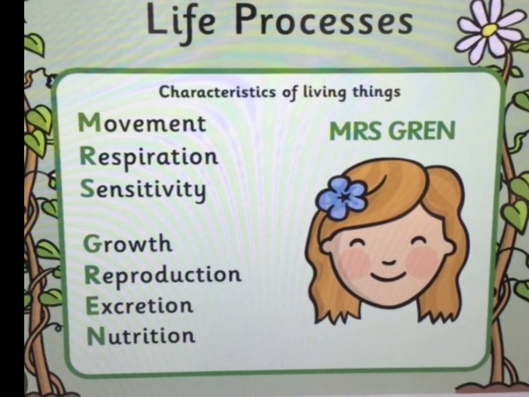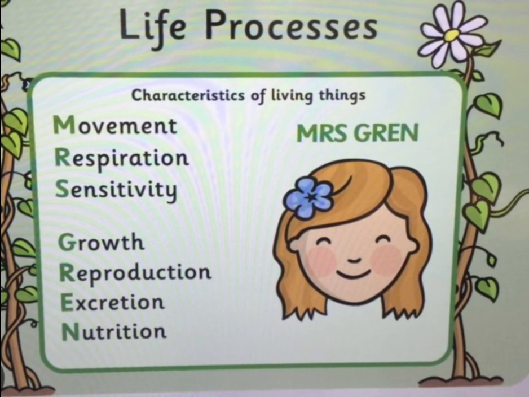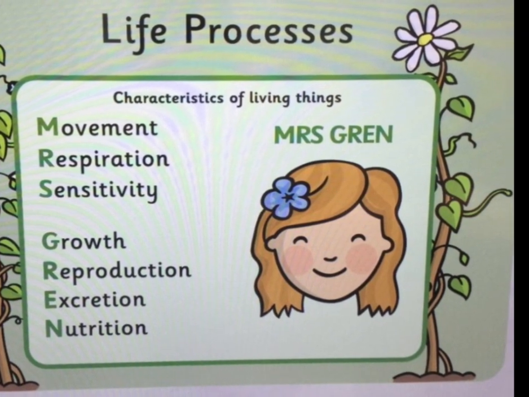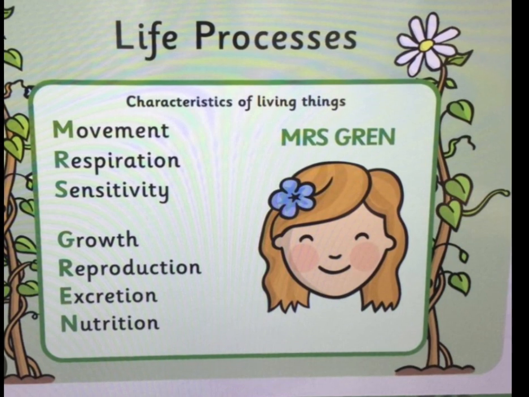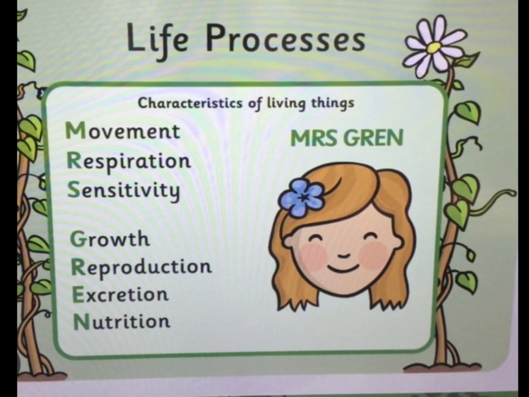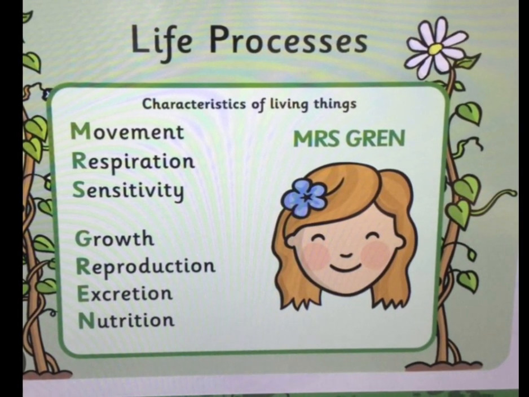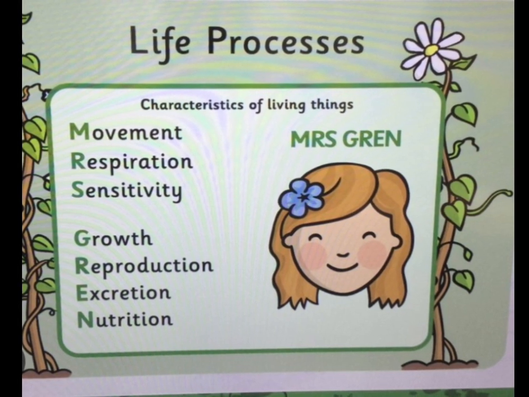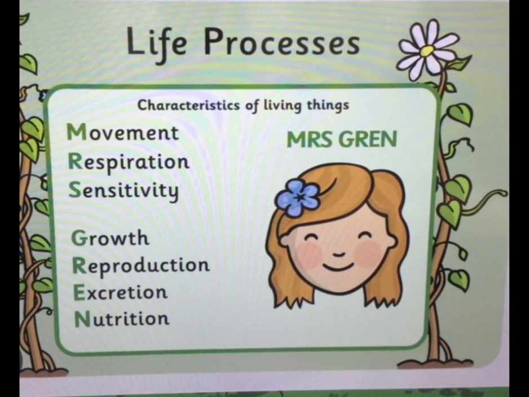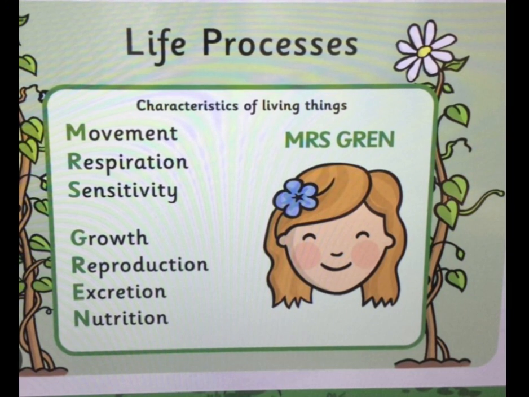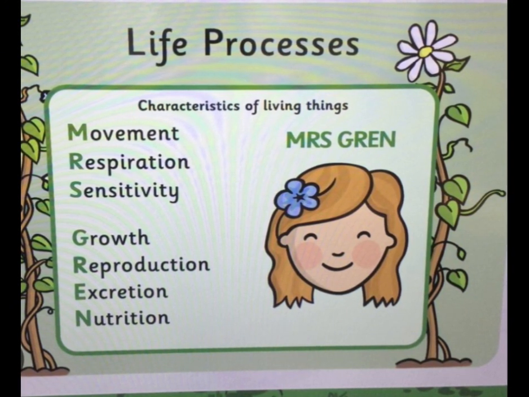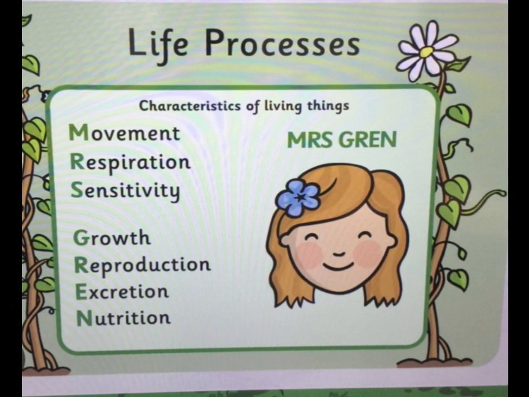M represents movement, R represents respiration, S represents sensitivity, G represents growth, R represents reproduction, E represents excretion, and lastly, N represents nutrition. So I'm going to explain each and every characteristic.